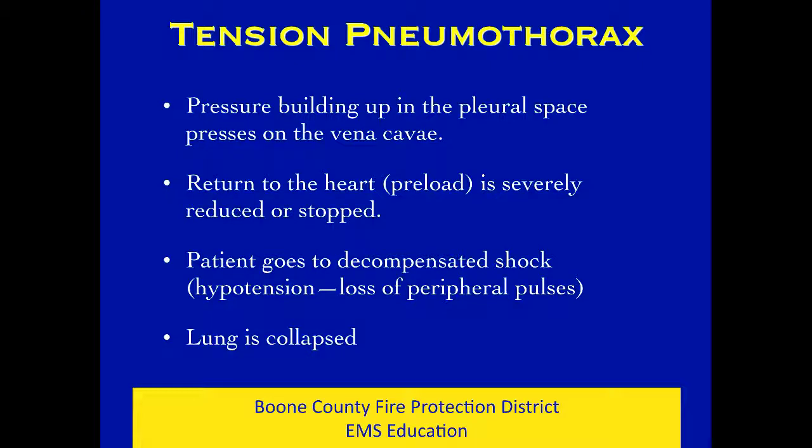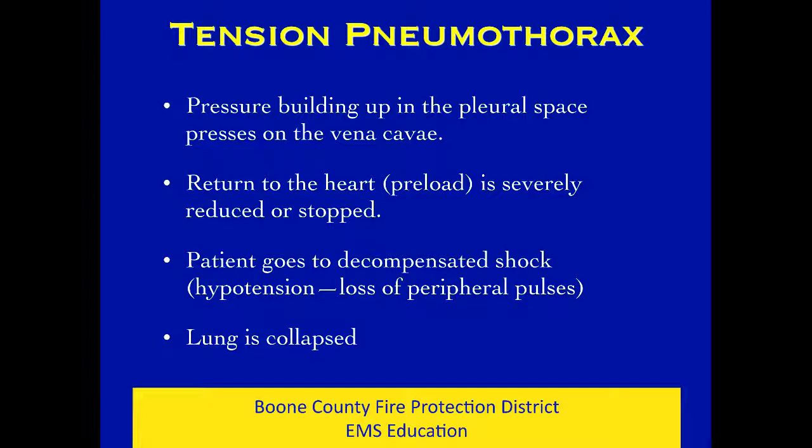The aorta tends to have a little more structure, more like a pipe, whereas the vena cava are more like hoses. And so as that heart starts to torque and turn, it kinks the vena cava, and now you have a reduction in blood flow coming back to the heart, reduction in preload, because the return pipe has been kinked.